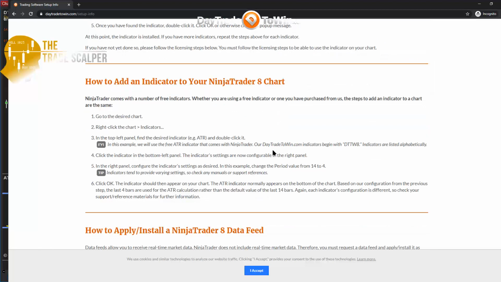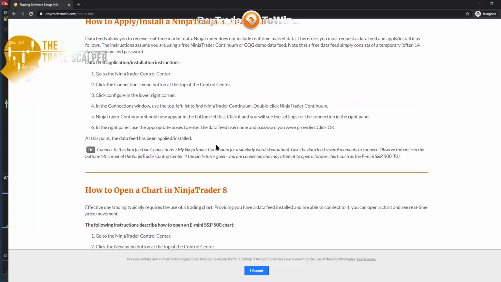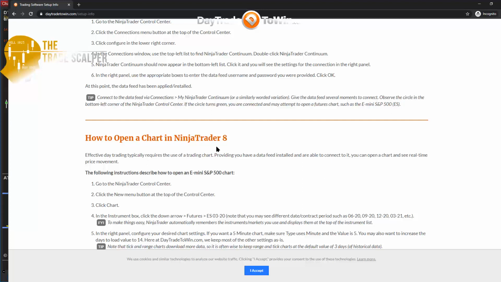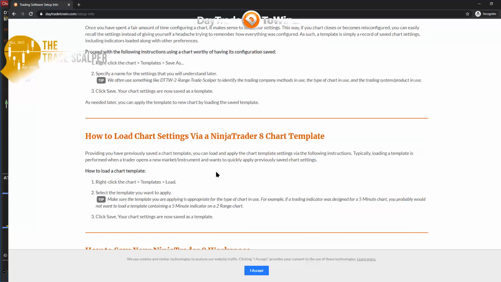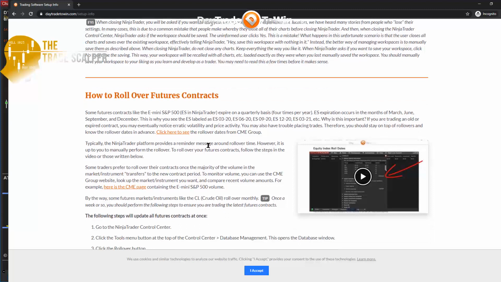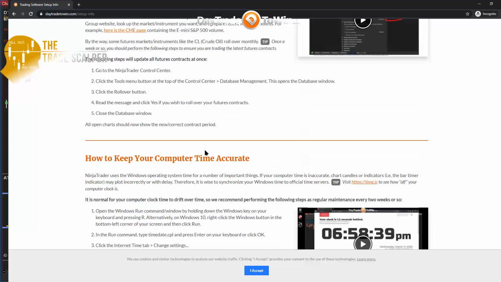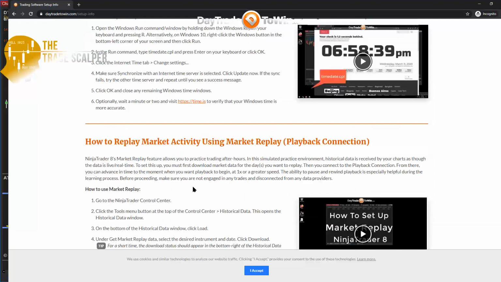And so we have this area here really focused on traders that want to learn a little bit more on the technical side of trading, whether it be more charts, whether it be loading charts, whether it be workspaces, whether it be how to roll over your futures contract, which is very important. There it is, and how to keep your computer time accurate right there.